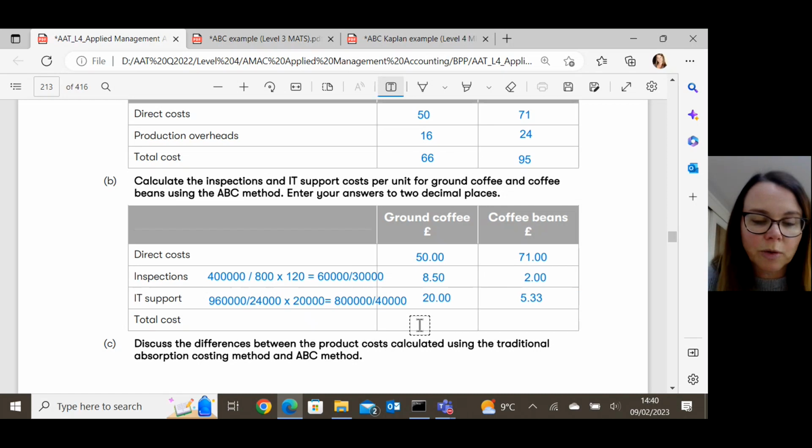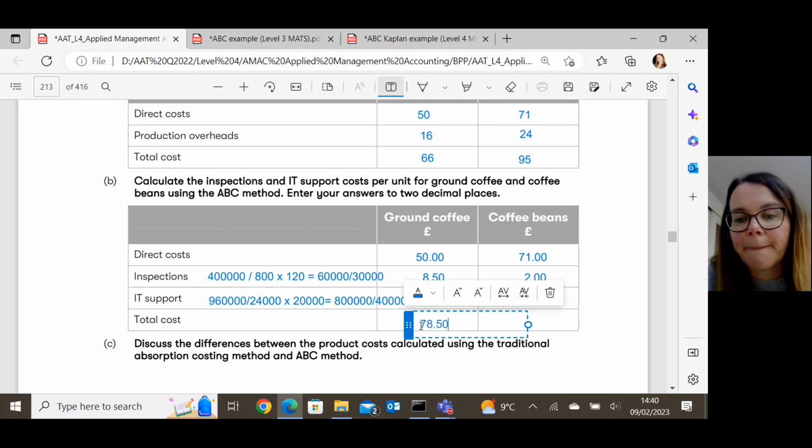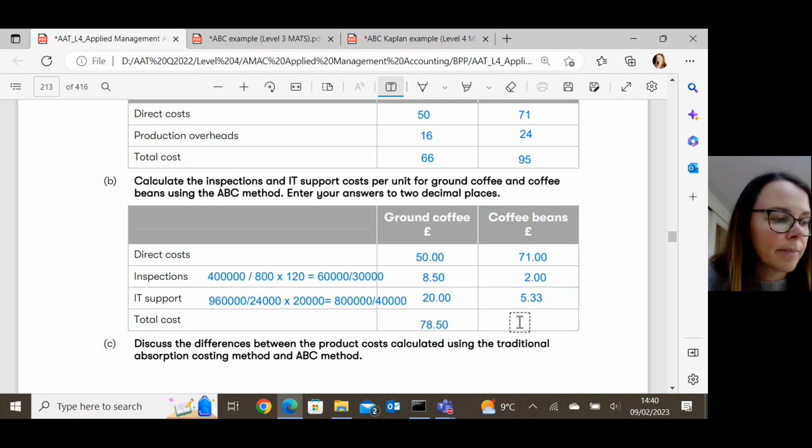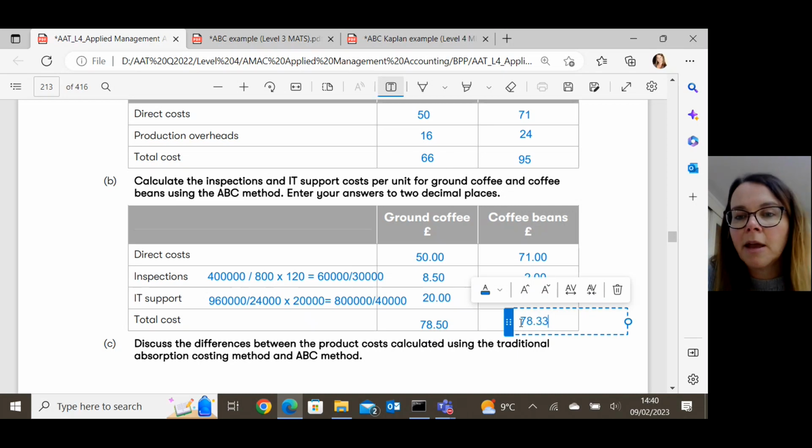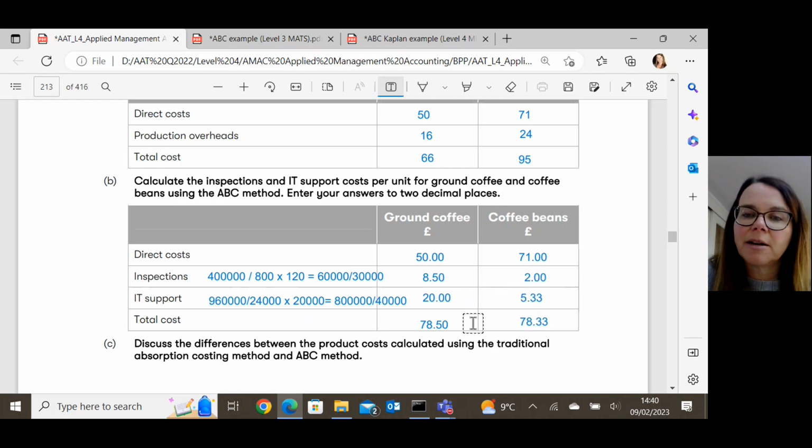We then add up our total costs. And as in our previous example, you can see that we get quite different figures between the absorption costing in part A and the activity-based costing in part B.